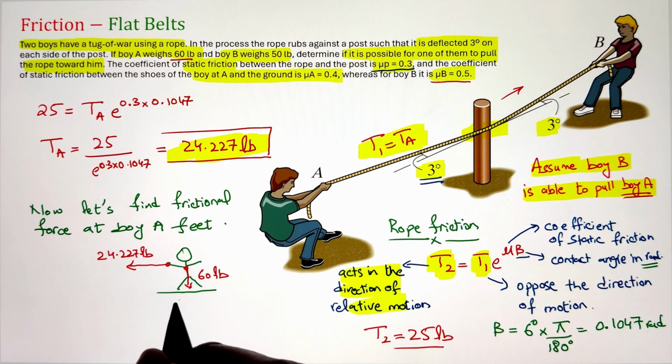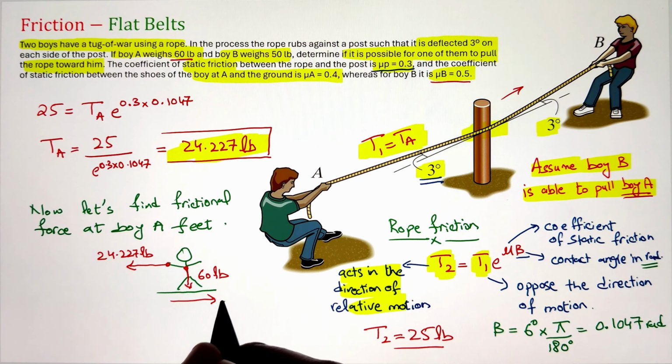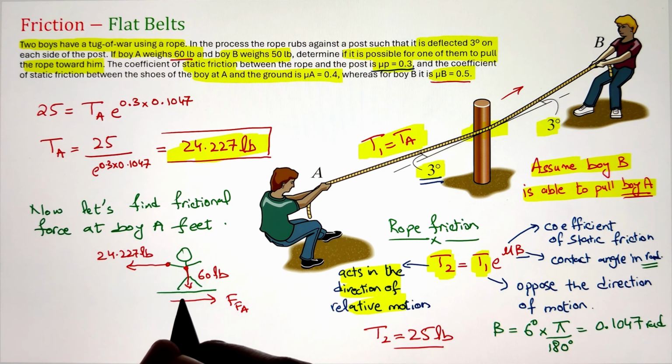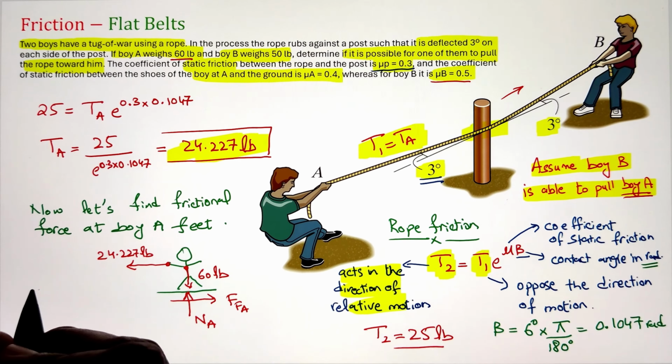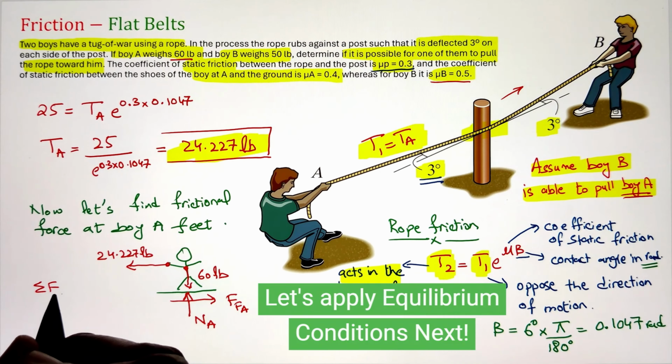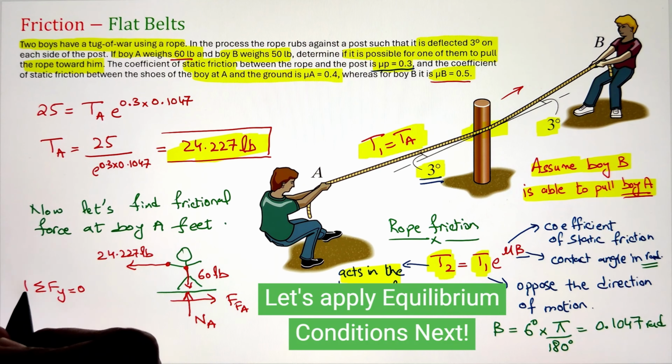Next, we have our frictional force that will oppose the direction of the tension in the rope, represented as FFA, whereas the normal force will act vertically upward.